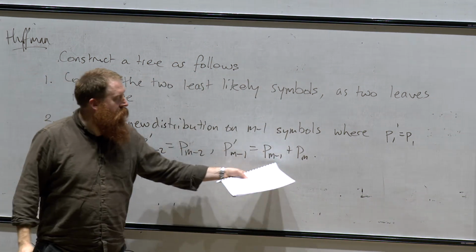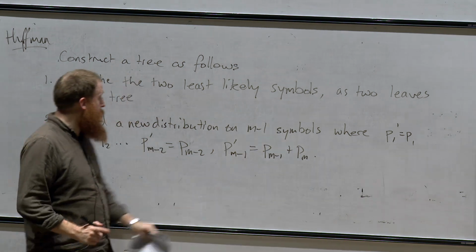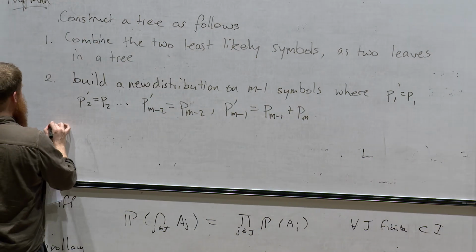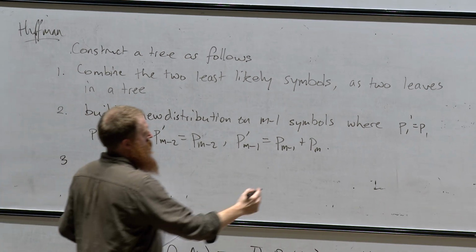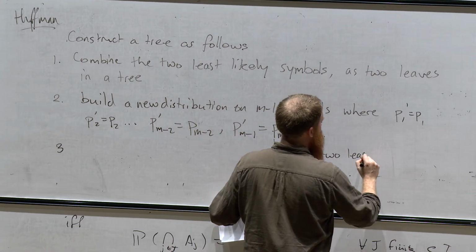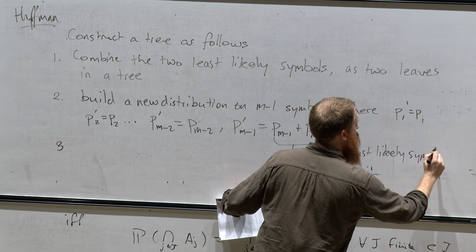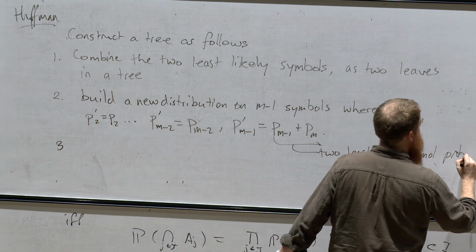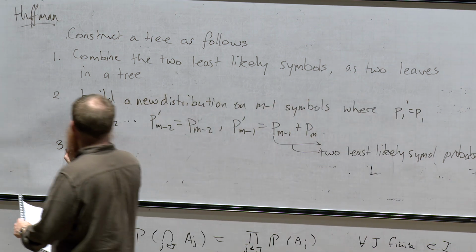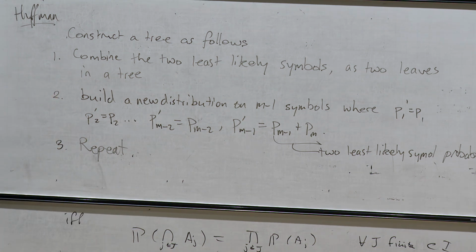Because I've combined the two least likely symbols in my sequence, I've just added their probabilities. These are the two least likely symbol probabilities. Then repeat. That's the construction.